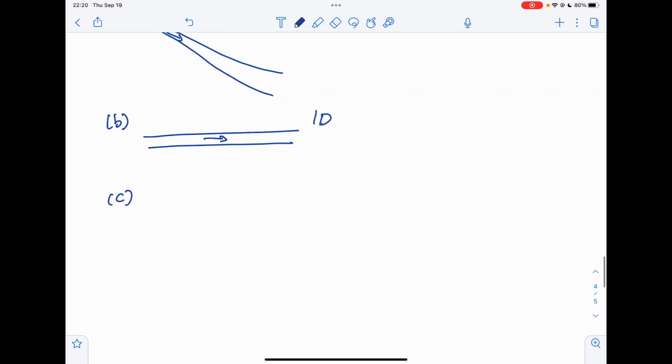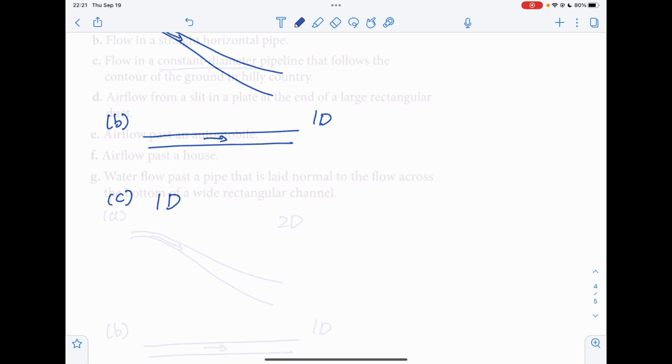So you can still simplify it. I could not draw it very well, but because it's still a constant diameter here, this problem is still 1D.